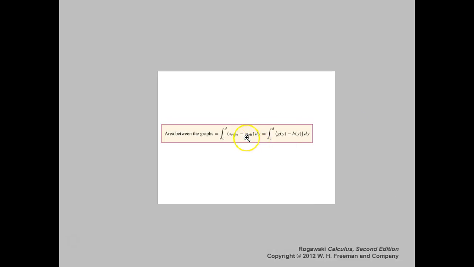Okay. And with that in mind, then the area between two graphs of two vertical functions, basically, what I call it. So you're doing from this function f of y, F of y minus G of y, as long as F of y is always to the right of G of y.